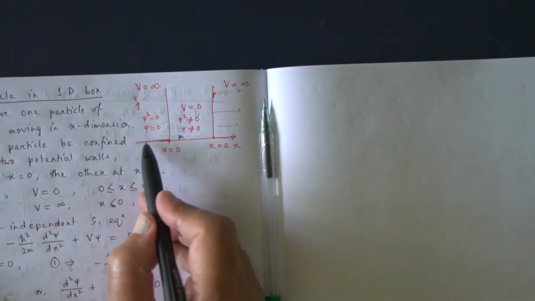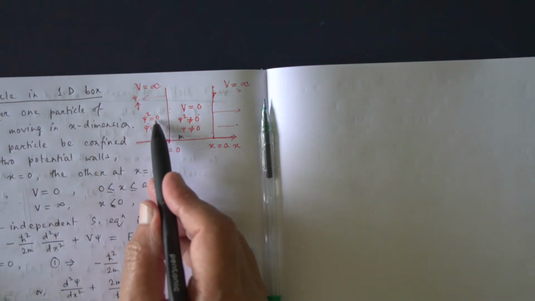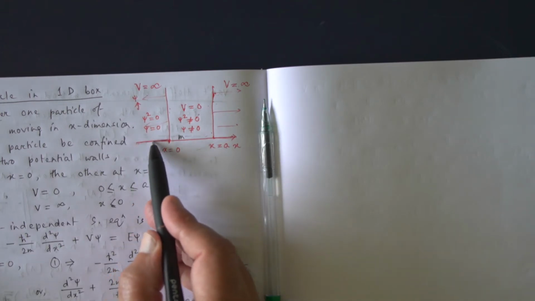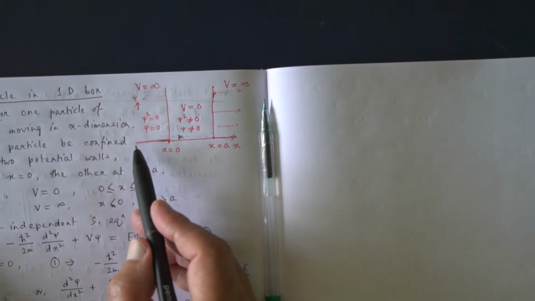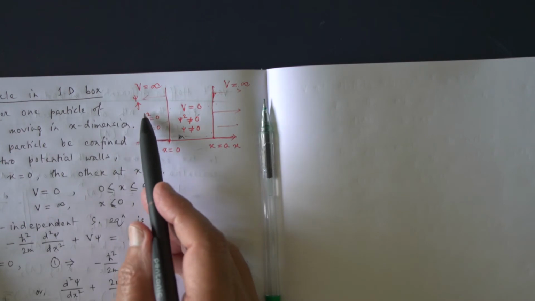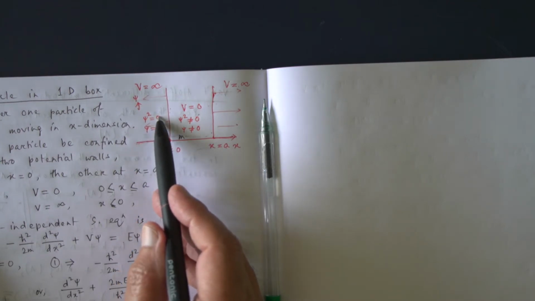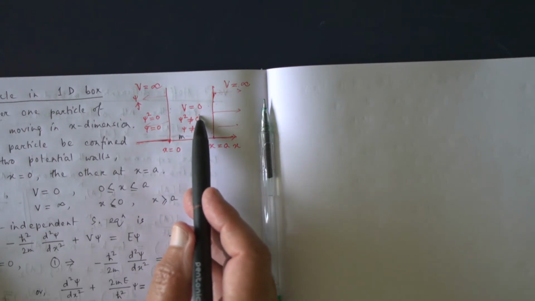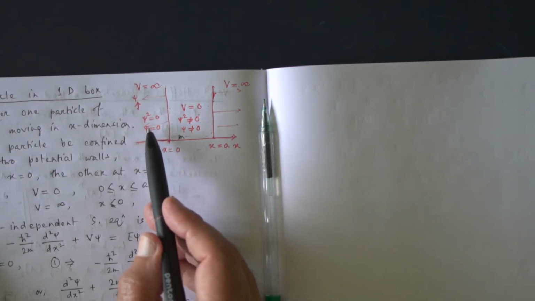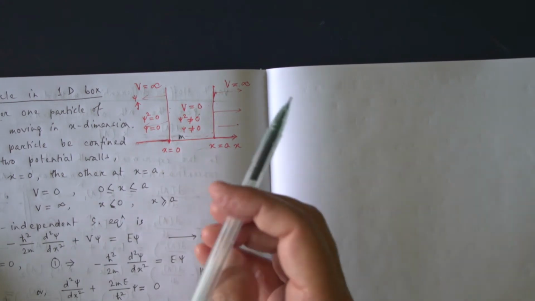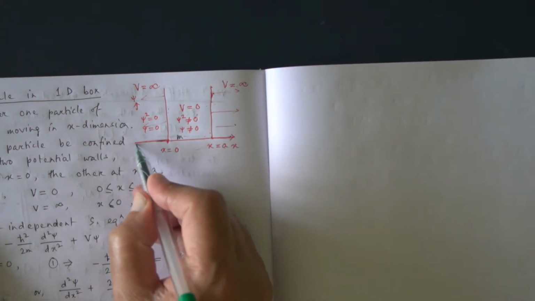So outside this region, psi is 0, because probability of finding the particle is almost nil, 0. Because the particle is here, outside psi is 0. So if we plot a graph in this region, what will be the graph?